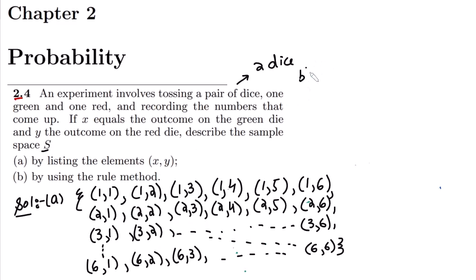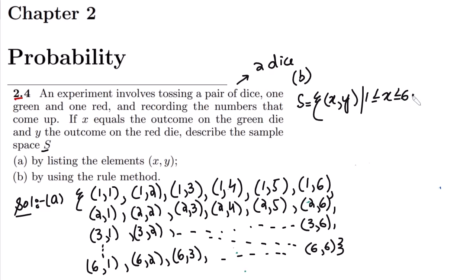Similarly, in part B we have to use the rule based method. So this is set S, and here we have to list a pair of numbers (X, Y) such that X is greater than or equal to 1 and less than or equal to 6.